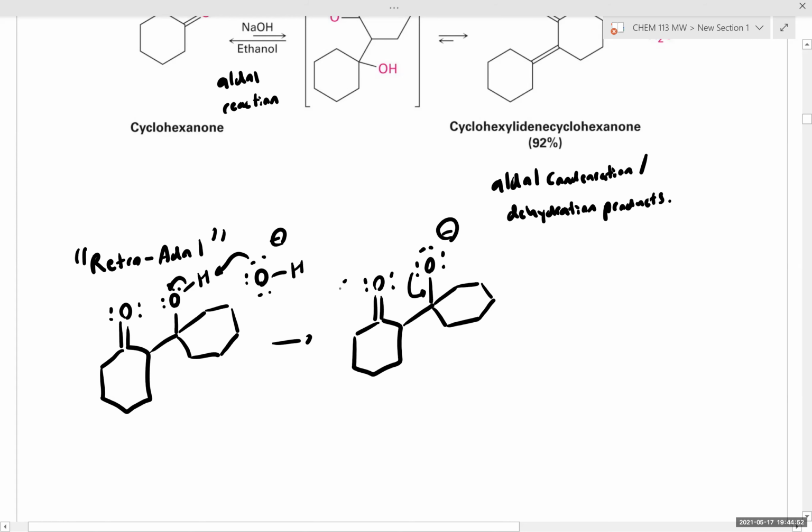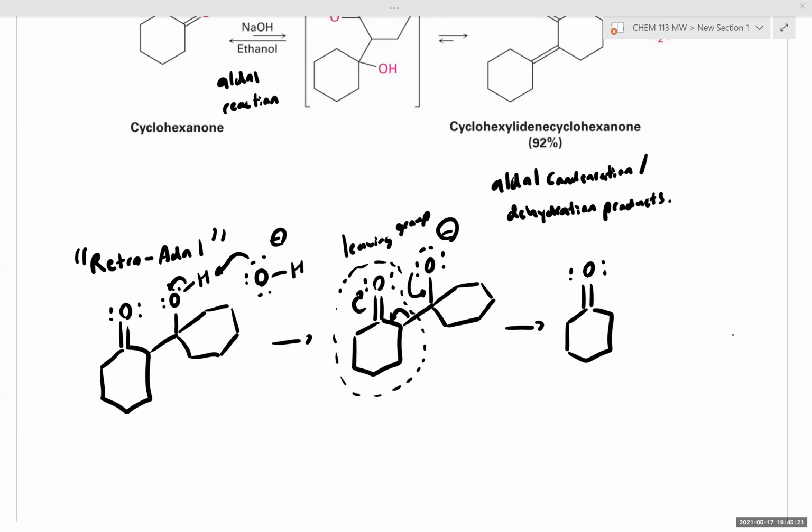So in this case, this entire ketone compound or enolate can be thought of as a leaving group. And so when we kick down to reform our carbonyl, we can lose an equivalent of enolate. So we reform our desired carbonyl and we lose our enolate, which is our reasonable leaving group.